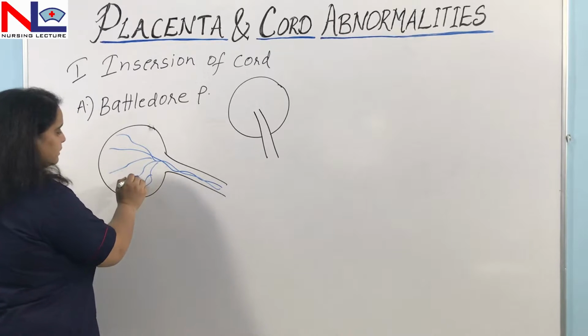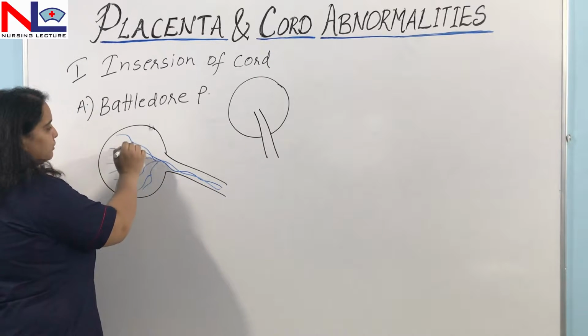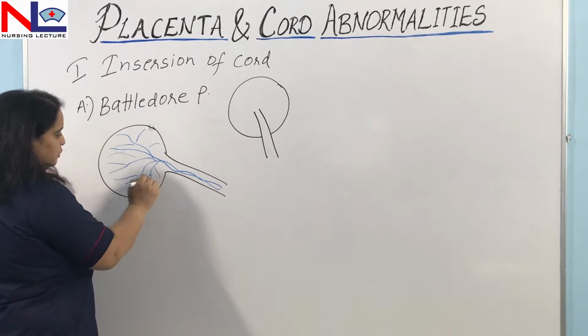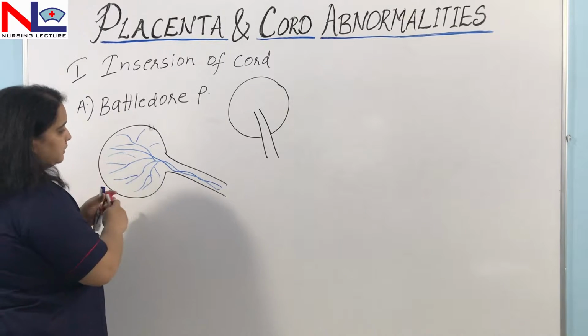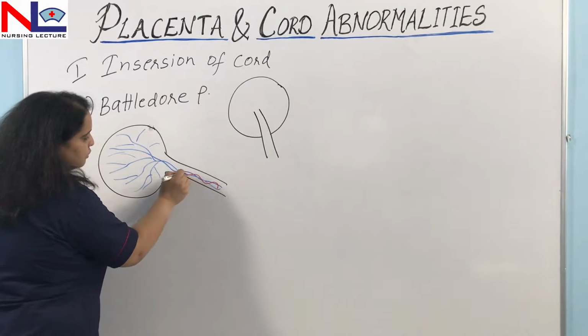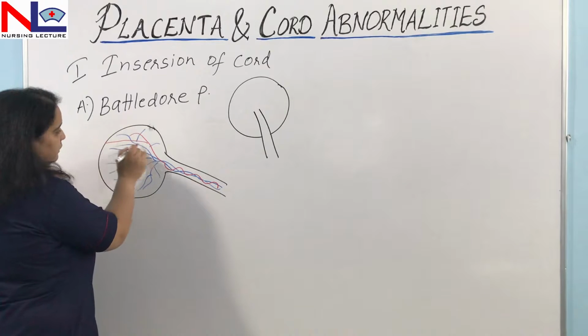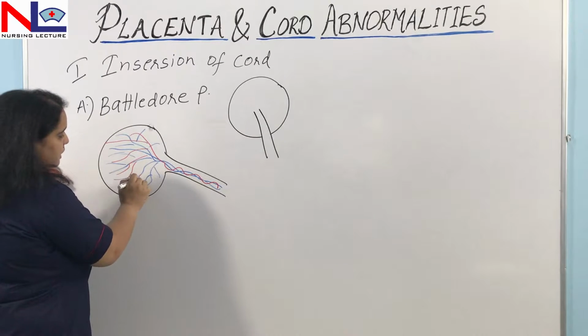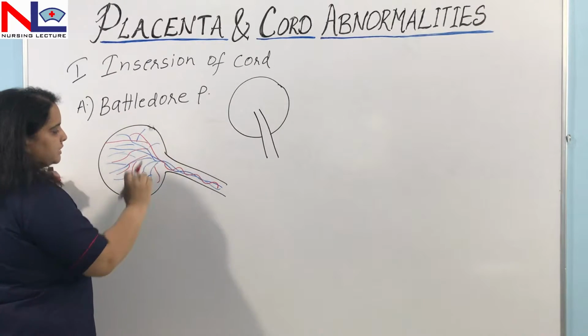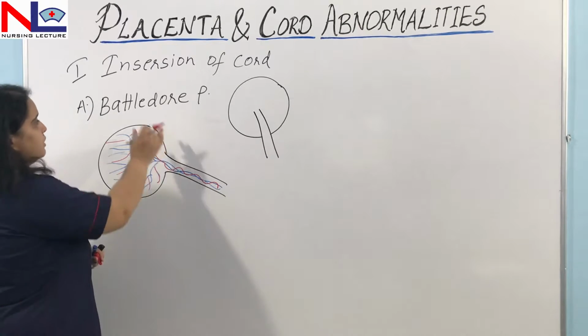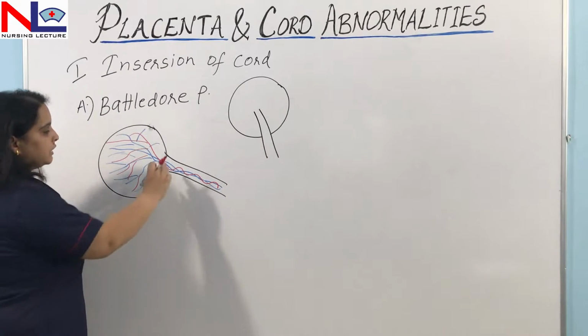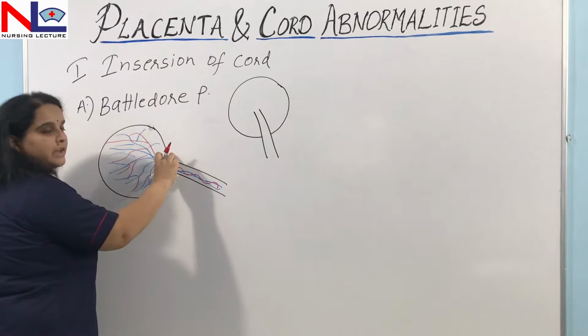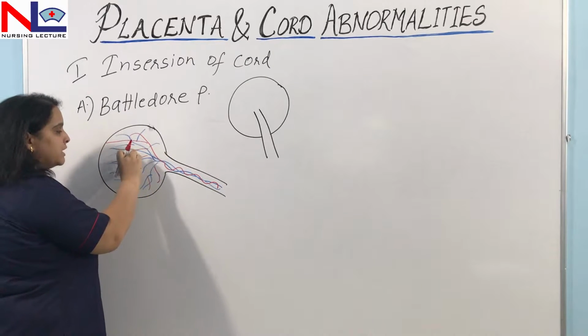The handle is inserting from the edge. Like this, here the cord is also inserting from the edge of the placenta. So here is the edge. Battledore placenta means the cord is inserting from the edge of the placenta, not from the center or near the center.